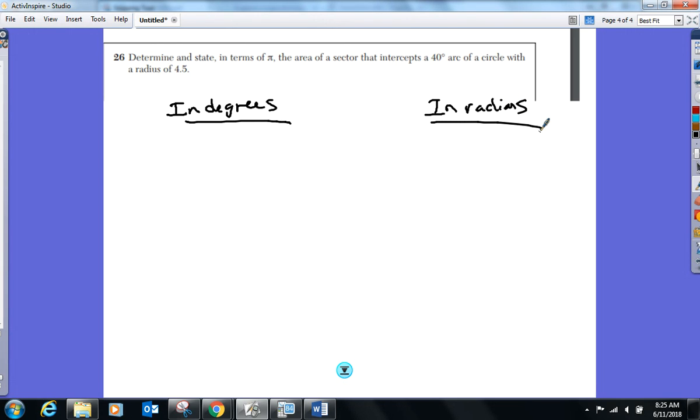Personally, knowing you guys for 40 weeks, I think it's good to know both so you don't have to worry about converting degrees and radians on your own, even though it's on your formula sheet. In degrees, area of a sector is the measure of the arc over 360 times pi r squared. If it's in radians, I'm going to use the formula 1/2 r squared theta. Theta is the angle in radians.